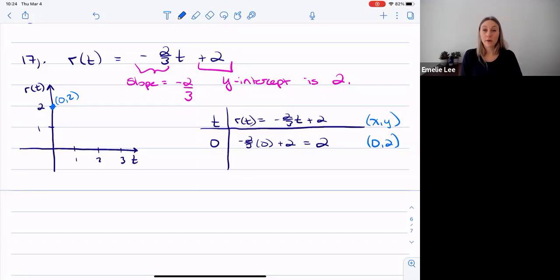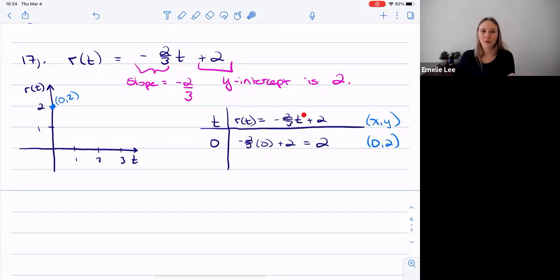Remember, we need 2 points in order to draw a straight line. So what am I going to do here? I've got this nasty fraction that I don't really want to deal with. I see I have 3 in the denominator. So I'm going to pick a value of t that's a multiple of 3, because then I can cancel stuff out. Just having a quick glance, what happens if I put in t equals 3?